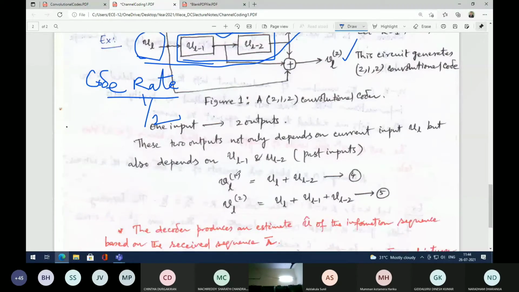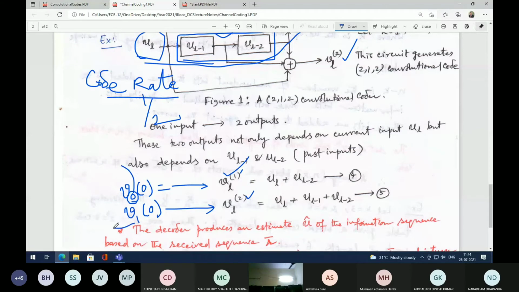Now here, what is the first output? Sometimes I write this like V 0, 0. What is the meaning of this? In some textbooks, this is written as the first output, the second output, or the zeroth output and first output.